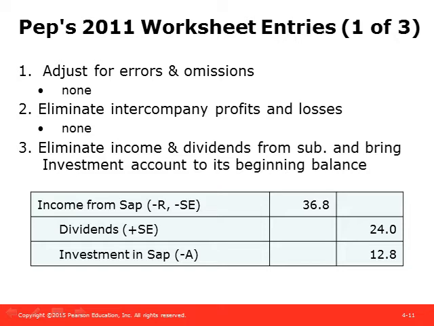And then the dividends, the reduction in dividends, or increase in dividends, which increased our shareholders' equity, came from the calculation of PEP's 80% share of SAP's dividends claimed that year. And the net between the two, the 36.8 less the 24, represents the adjustment to the investment in SAP account, which is a reduction in our asset accounts.